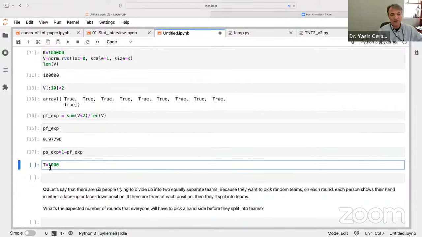And then I'm going to count for each person how many times it takes for that person to get to a number which is greater than 2. So that means I'm going to have 1,000 counts, and then I'm going to take the mean of these counts. That is going to give me the average or expected number of days it takes to draw a number which is greater than 2 from this standard normal distribution.